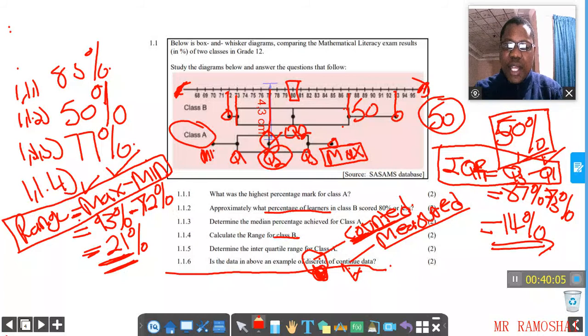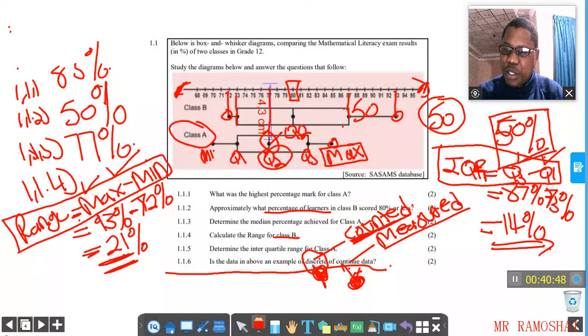And the other thing, guys: when you explain discrete, never talk about measuring. When they say, is the data above discrete or continuous, explain your answer, this is how you're going to write your answer. You say the data represented is discrete, then you explain discrete. Never say because the data can't be measured, therefore it's discrete.